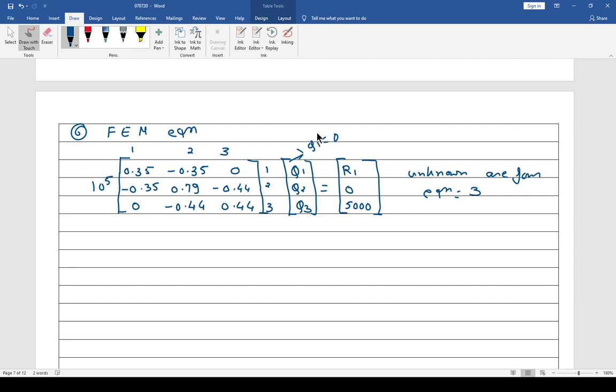Since this is known, partial differentiation is going to come to 0, so this won't come into existence. So I just delete it, so it is eliminated. This is what I call the elimination approach. So I am eliminating the first row and the first column. If you remember, in the last lecture also we did the same process.